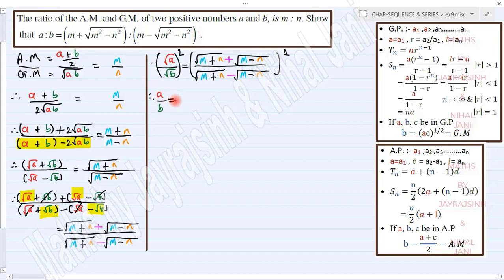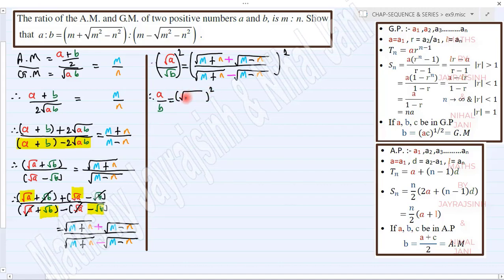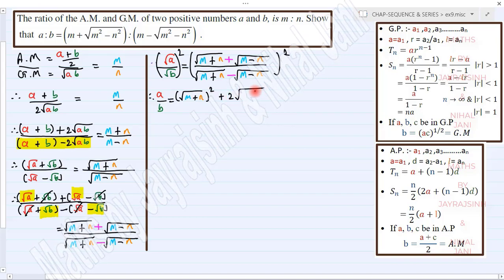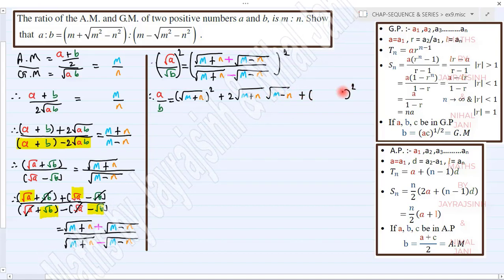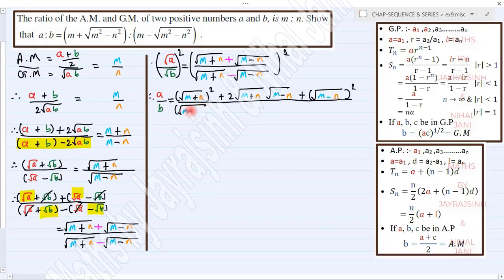But on the right hand side, we have to expand it. The square of under root of m plus n, plus 2 times under root of m plus n into under root of m minus n, plus the square of under root of m minus n. Similarly, we will form our denominator.